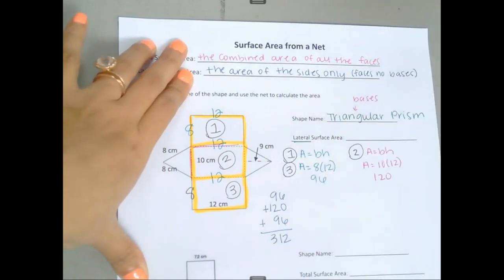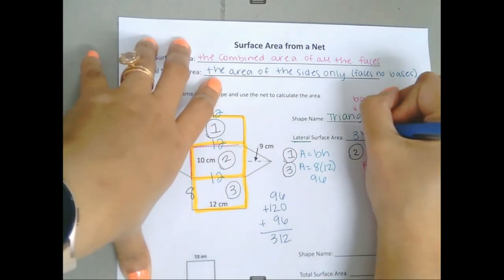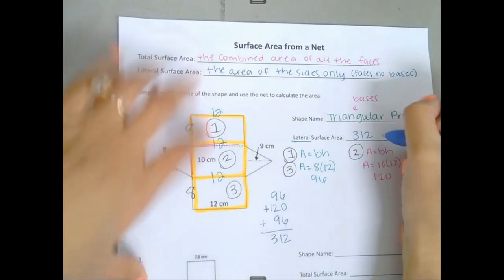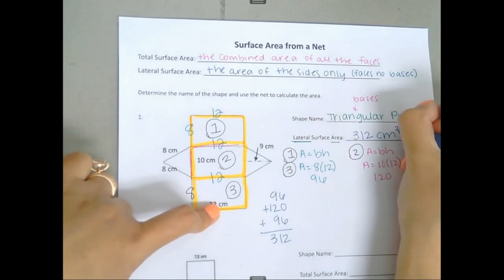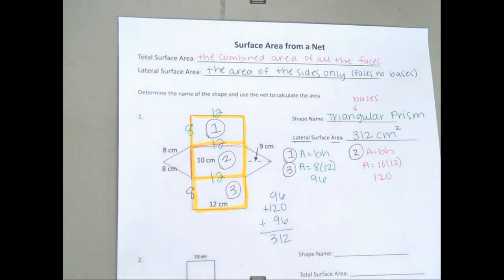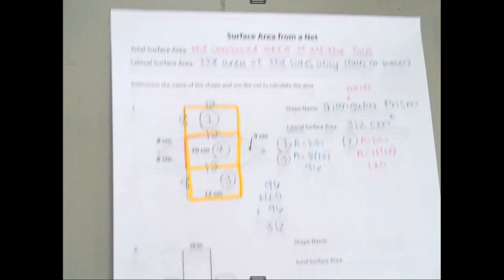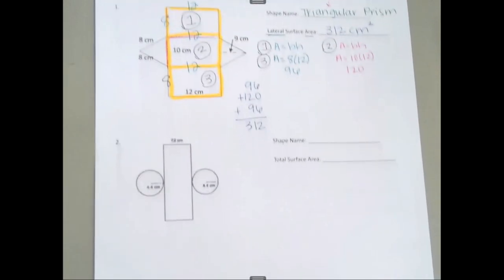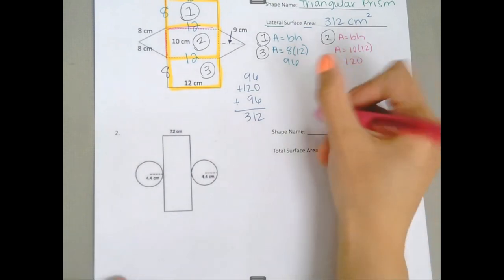So my lateral surface area, just these rectangles, is 312. These are centimeters, and area is always squared. Okay. So now I'm going to move on to number 2. So number 2 is a net of a cylinder.